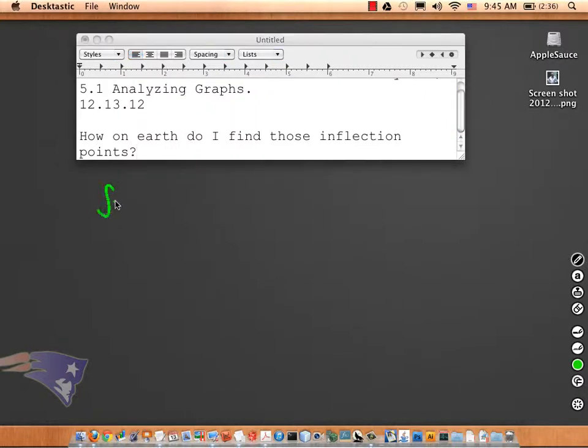What you do is you take what's called the second derivative of the function and you set it equal to 0. And this is the primary way that you find the inflection points. Another way that your calculus book would write that is d2y dx2 equals 0. They mean exactly the same thing. The second derivative is equal to 0.